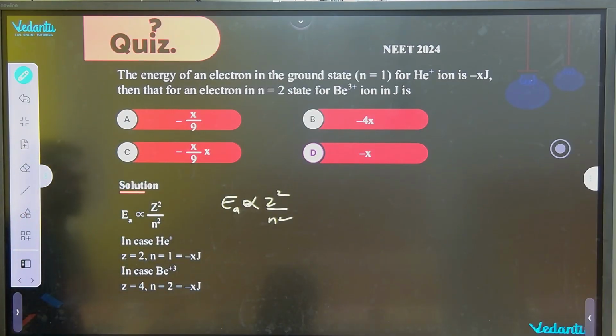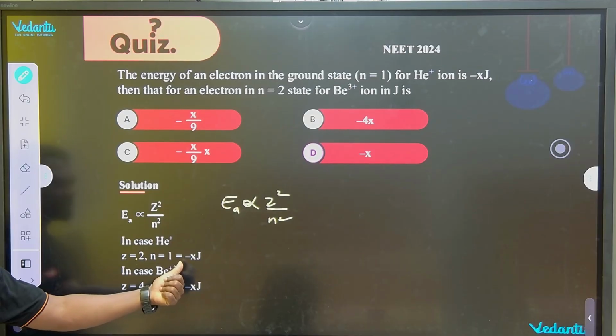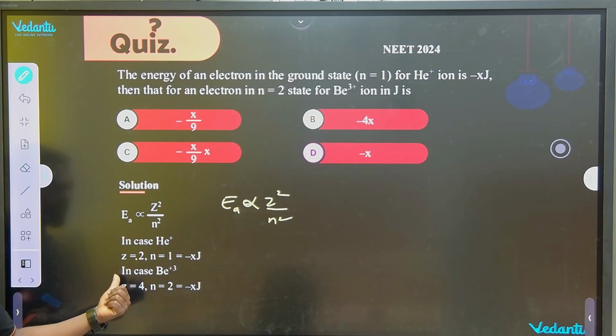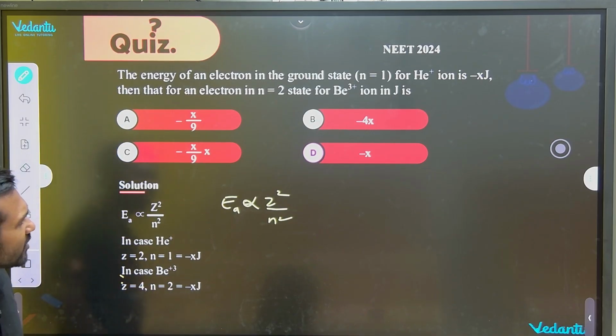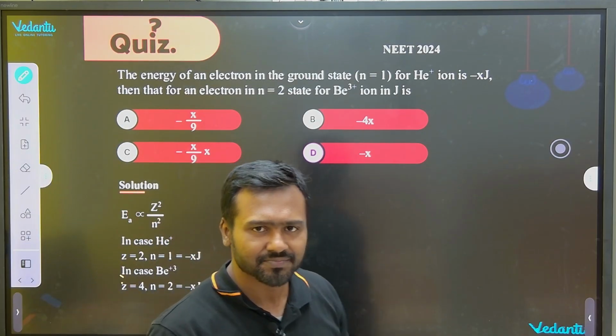In case of helium plus, Z is equal to 2 and N is equal to 1, and that value is given as X. For beryllium 3+, Z is equal to 4 and N is equal to 2, and that value you have to find, and you will get the same value, minus X.